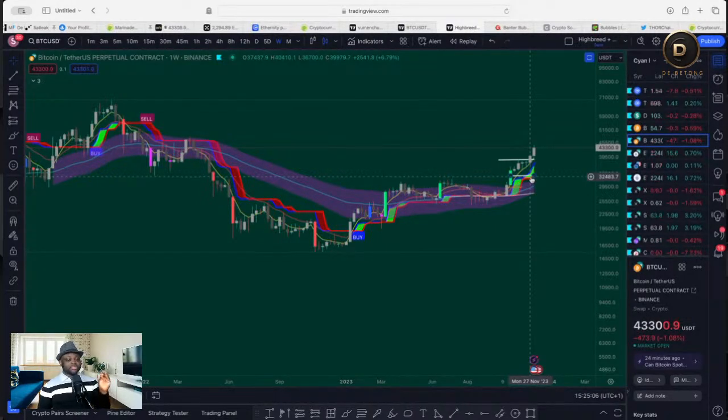But if price breaks and starts trading below, and you see a sell signal printed as what we saw here, then you want to get out from all your altcoins, and possibly you can have a few altcoins that you are just playing around with short term, but you must have banked more.